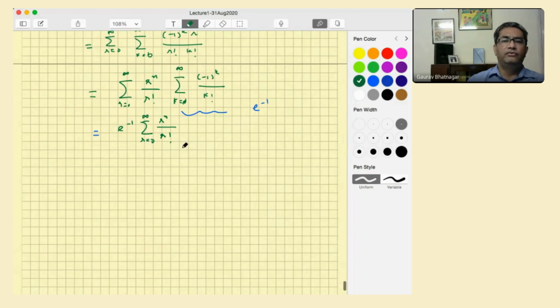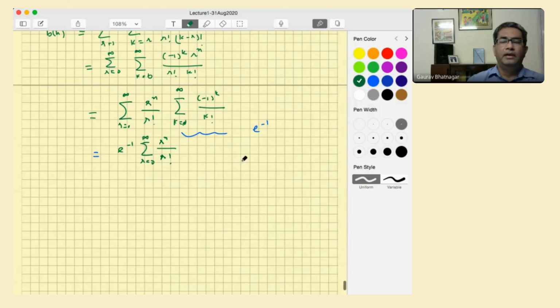So this is some kind of a weird formula for B_n, and it's consistent with B_0. So assuming you put n equal to 0 first, it's consistent.